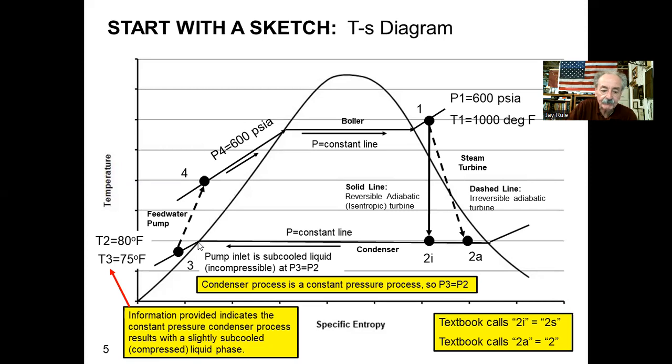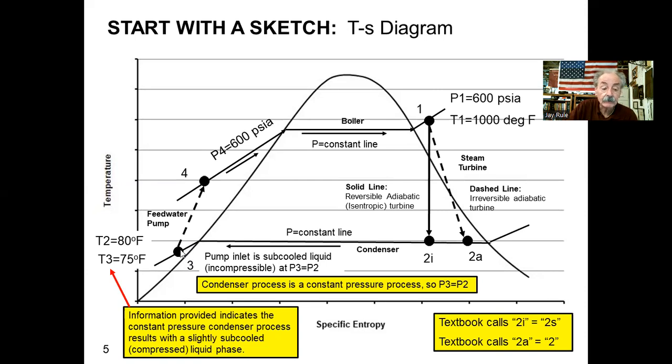And for this problem, it says, not only are you going saturated vapor, you're continuing to cool the liquid in the condenser down to a subcooled or compressed liquid state, state 3, which is 75 degrees F. So notice here on my y-axis, I've labeled T2 is 80 given, and T3 is 75, 5 degrees cooler. Okay, we're making it around our cycle.